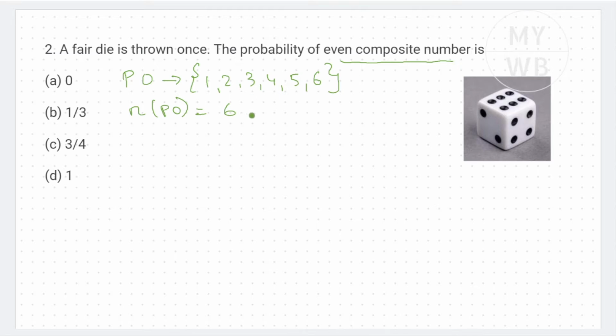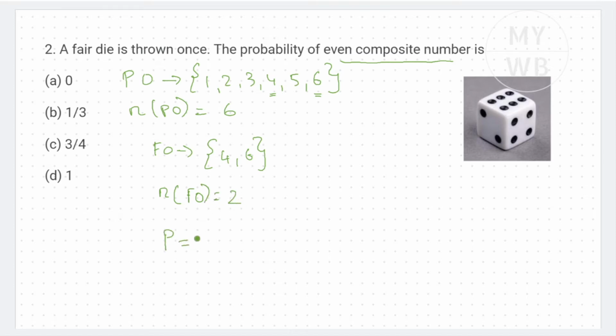So which will be our favorable outcome? 4 is a favorable outcome. It's an even composite number. 6 is also an even composite number. So our favorable outcomes are only 4 and 6. So number of favorable outcomes will be 2.